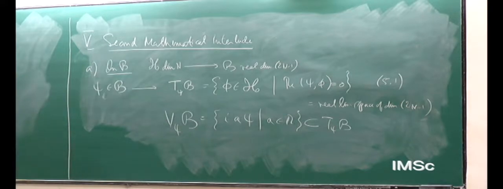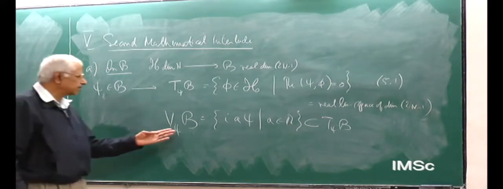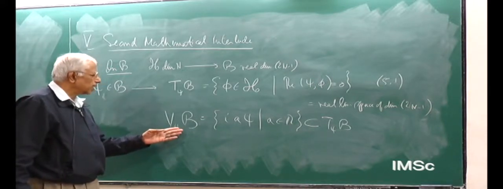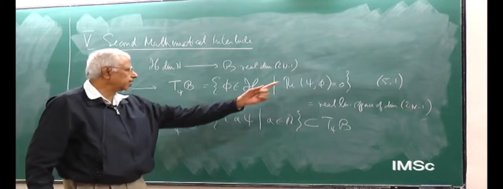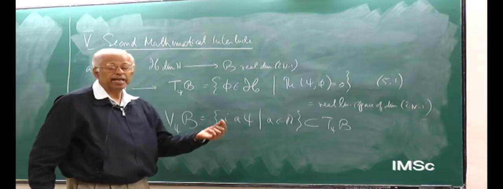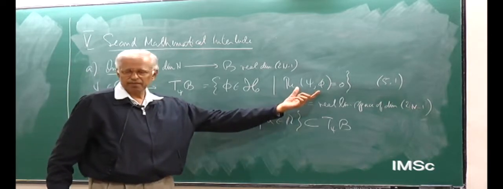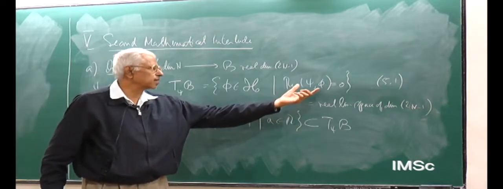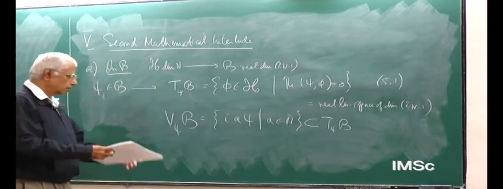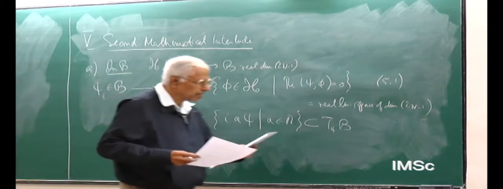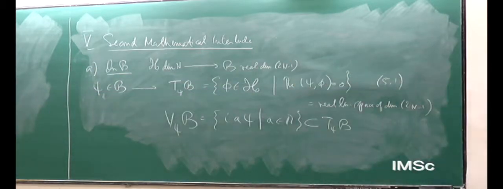It corresponds to our curve being along the fiber. Okay? So the fact that this is, by inspection, a subspace of this is trivial, because if I take phi equal to i a psi, where a is real, the real part of this is 0, right? Because the scalar product will be i a, and a is real. So this subspace is easy to picture, easy to define.